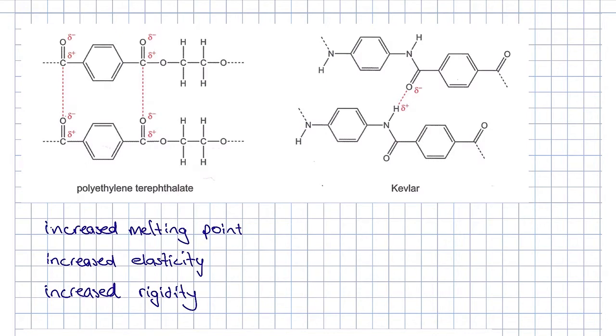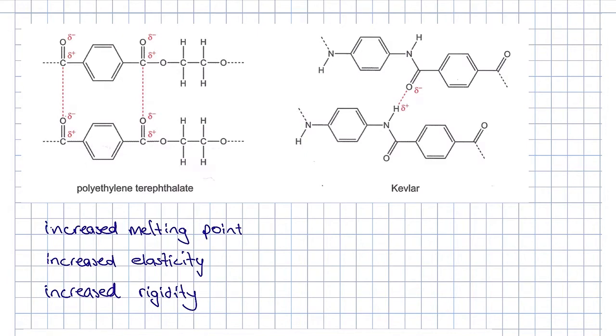But in fact, it has an increased elasticity. If we can squish it out of shape a little bit, and it might not squish very far, it really wants to resist that and go back to the shape it was in before, in comparison to something that has just dispersion forces.